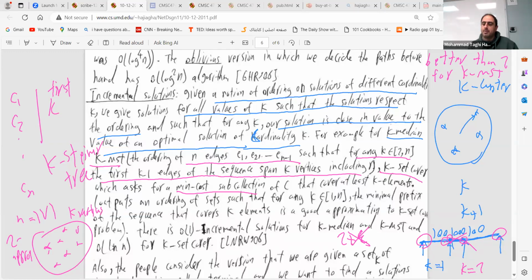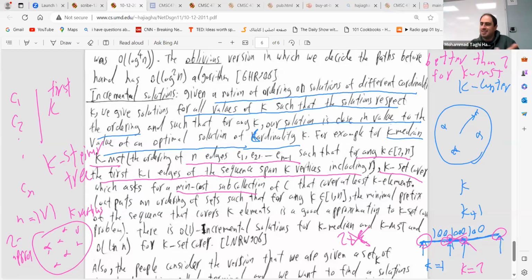But yeah, okay. So K-set cover is more like, in some sense, a K-coverage problem. Here I want to give an ordering of the sets, so that whenever you want to cover K elements, you just take the first few sets until you cover K elements.